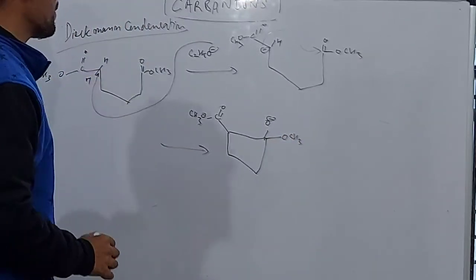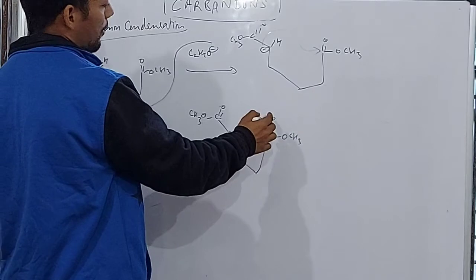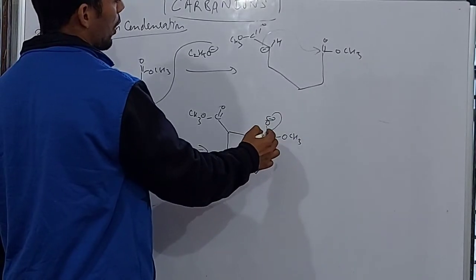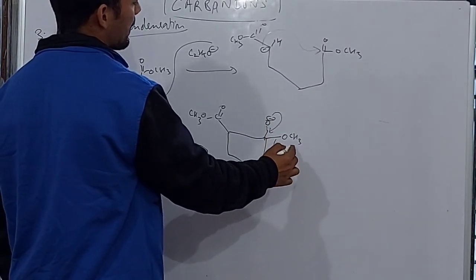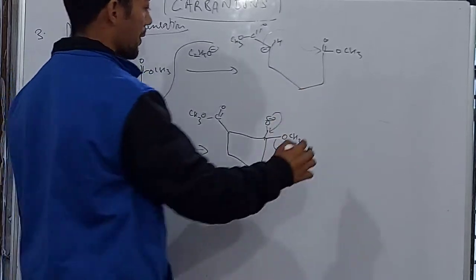In the next step, this electron pair will come to form a double bond here, releasing this portion of the structure.